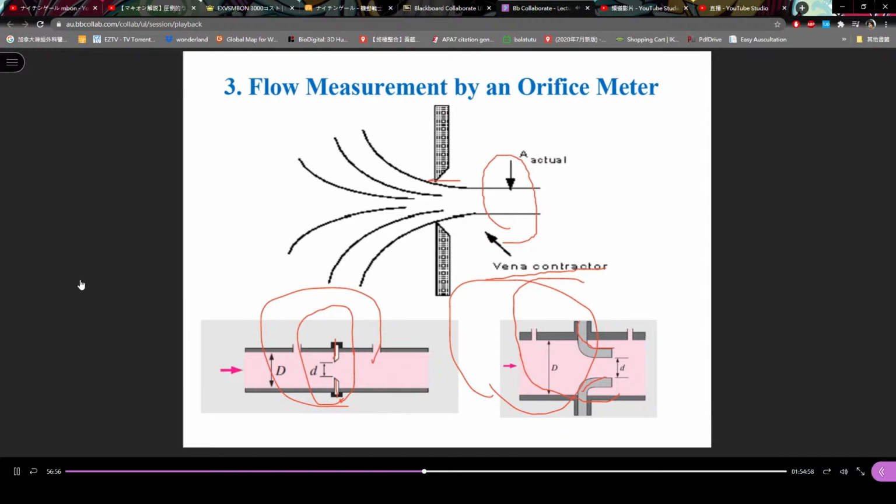Smaller than this diameter, because of the momentum energy. But we don't know the diameter. So usually we use this diameter to calculate the area, and we use the discharge coefficient or another coefficient to correct the final result.